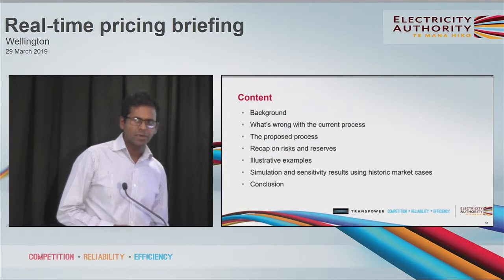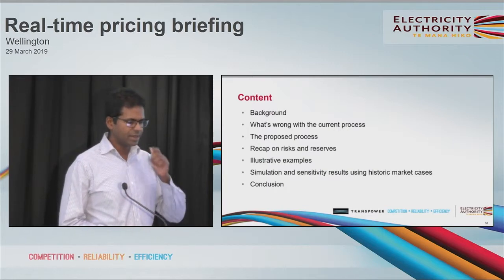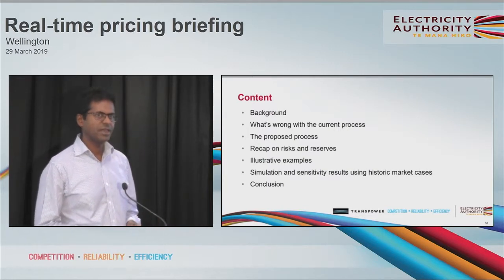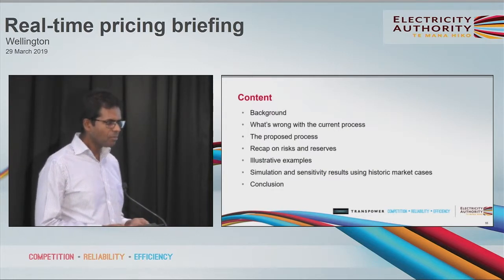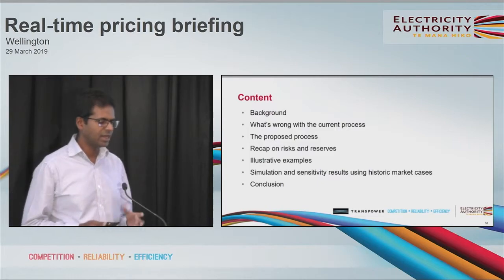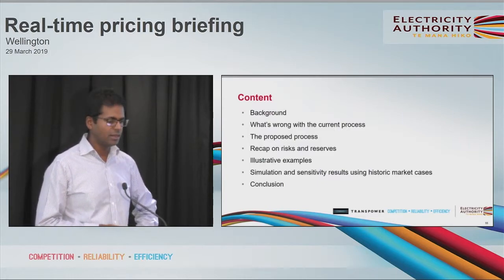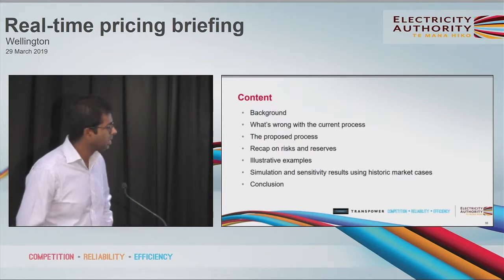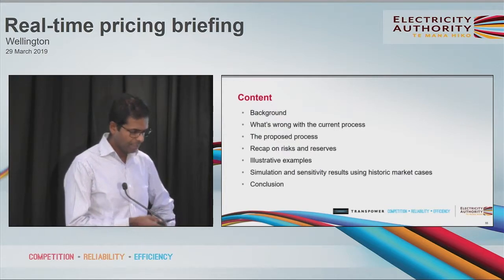A bit of a recap of risks and reserves, and finally some illustrative examples that we will walk through, the actual price calculation and how the energy and reserve prices get interlinked currently and under the proposed changes, and then some simulation results.